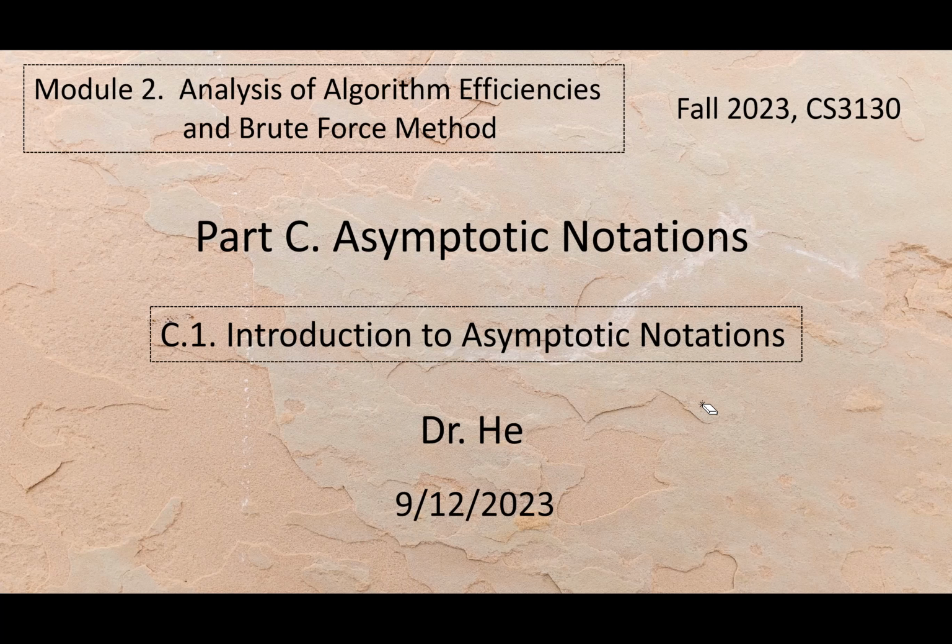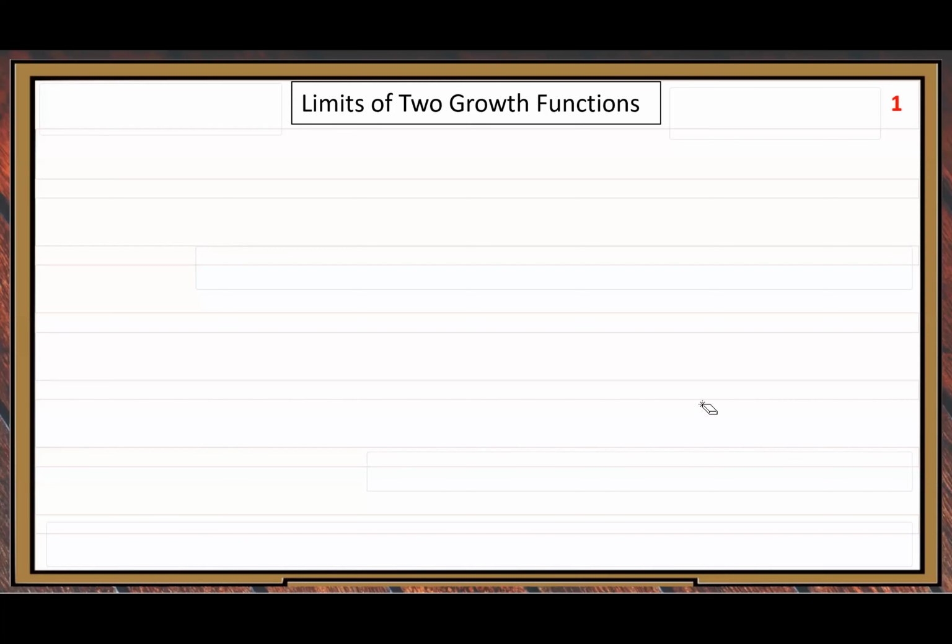All right, C.1, Introduction to Asymptotic Notations. Let's recall limits of two growth functions. We did a calculation last time, limits. We use L'Hopital's rule. So then some students may worry a little bit. Yes, I got a question from a student yesterday.